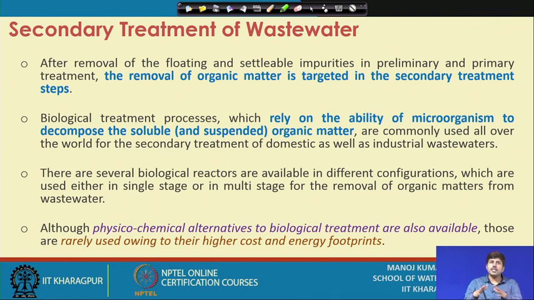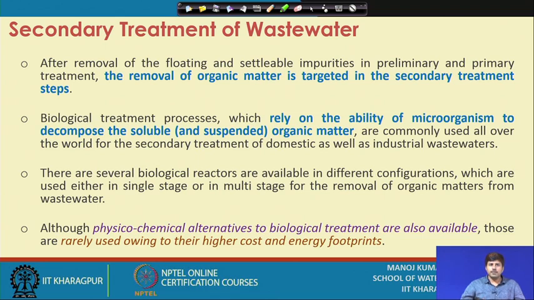Although there are other alternatives available, physicochemical processes which can actually remove the organic matter, those alternatives are very rarely used, particularly in industrial processes. In some places they are used, but for domestic wastewater treatment or municipal sewage treatment, they are very rarely used, and the treatment is primarily achieved by biological processes.